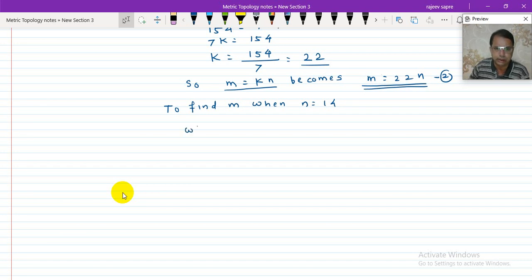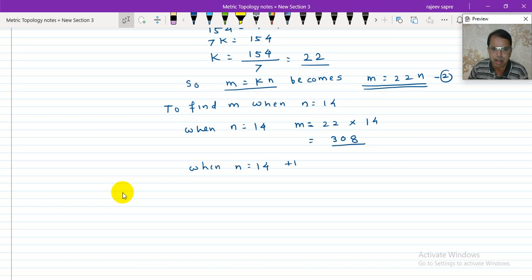So when n is 14, what is m? It is m is equal to 22 into 14. So whatever calculation you will get, what will it be? 14 twos are 28, 8, carry 2, 14 twos are 28 and 2 is 30, 308. This is the answer. So finally you can declare, when n is 14, then m is 308.